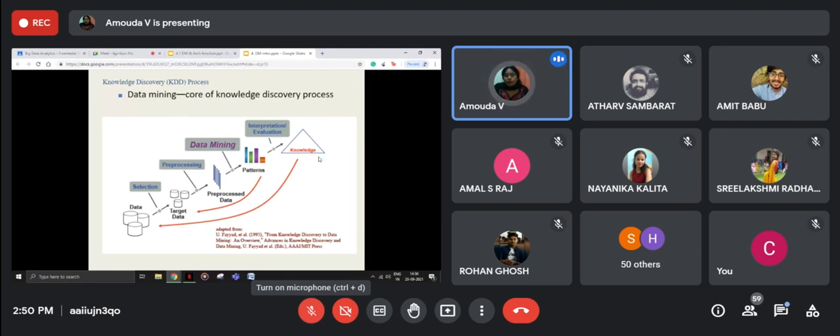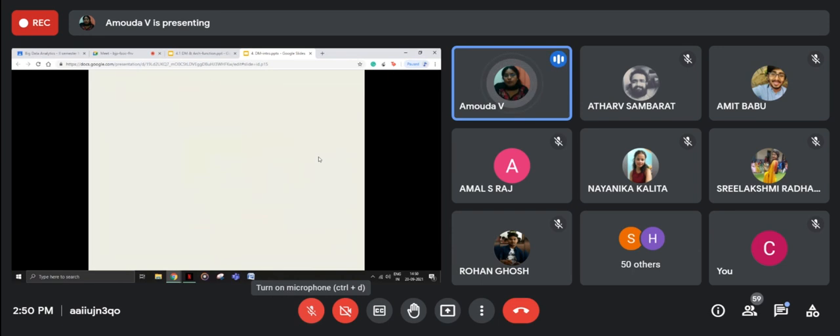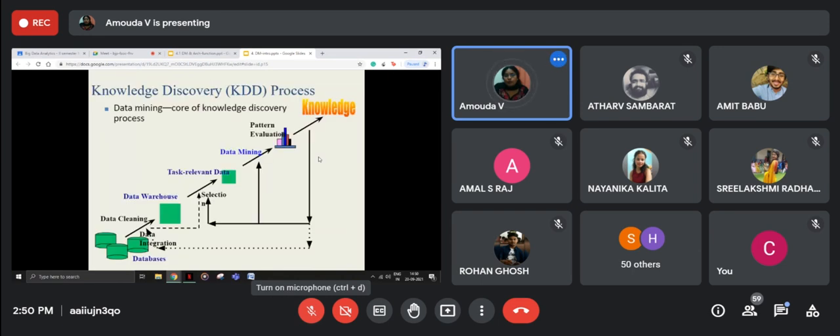Next we'll go to the same process. Target data is what is taken for pre-processing. Transformation, integration, all those things are put in pre-processing, and then data mining and pattern evaluation: the same picture in a different form. This is yet another picture. Here we say directly knowledge discovery, the KDD process.